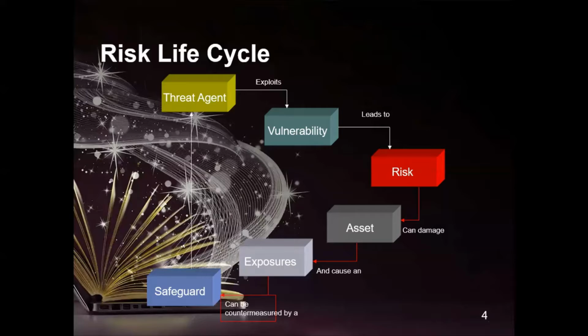What is the vulnerability within your system? Then when a threat exploits the vulnerability, it results in a risk. Risk would damage the assets, or it will expose you over various channels. And once we have all these, there should be a countermeasure, which is called a safeguarding mechanism. So this is the total overall risk life cycle.